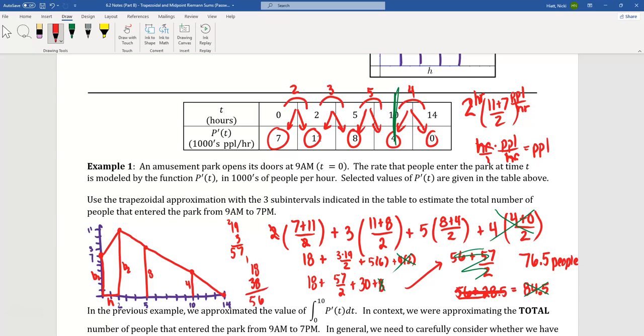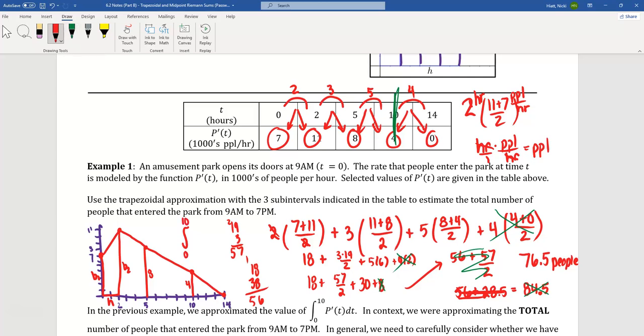Okay. We are not told to interpret here because they give you what it means in the question, right? To estimate the total number of people that entered the park from 9 a.m. to 7 p.m. So we got 76.5. I was a little lazy here and did not do my integral from 0 to 10.